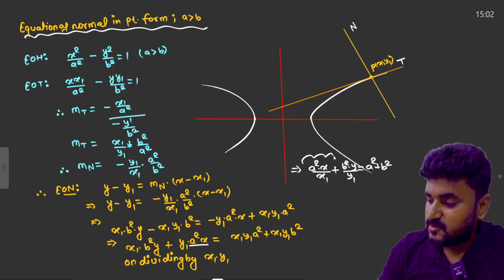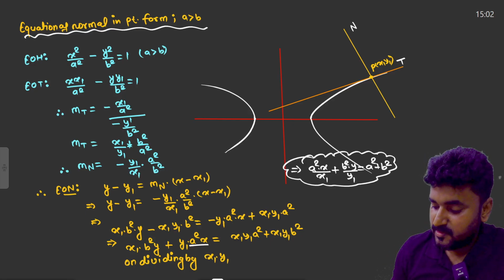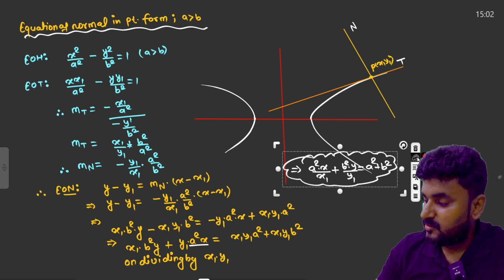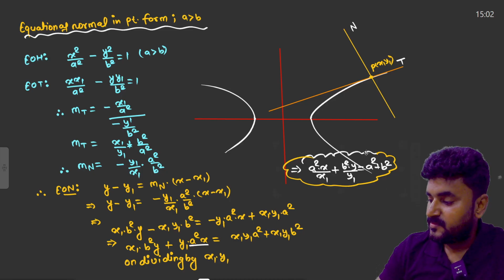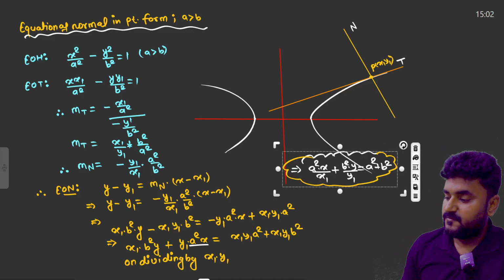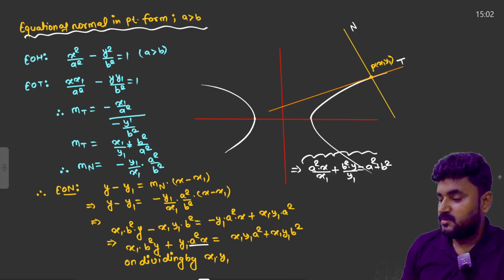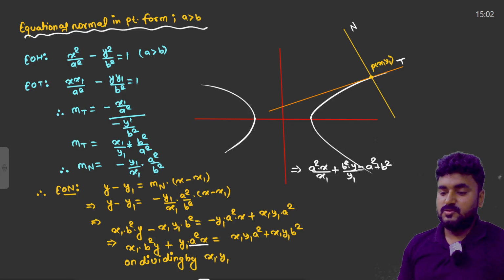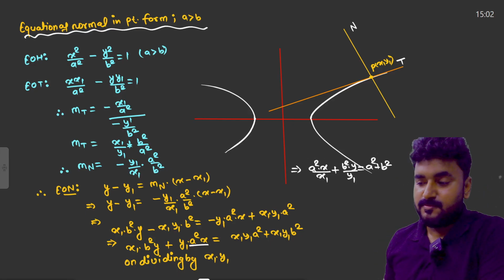So this is your equation of the normal in point form. This is a very important formula you should learn, the equation of the normal. Okay, children? So this is my equation of the normal in point form.